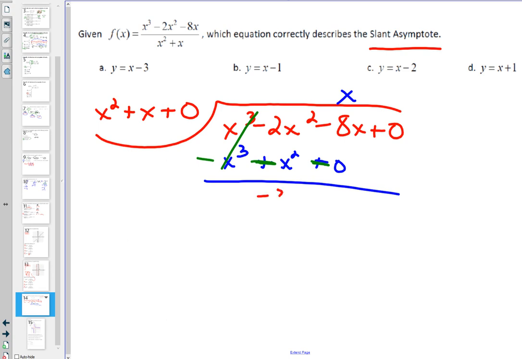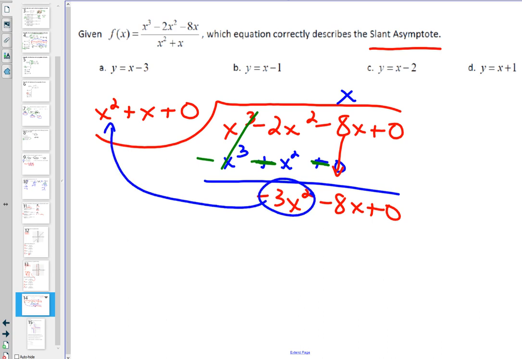Here we get negative 3x squared, and the second space drops. And then what is negative 3x squared divided by x squared? It's just negative 3. So our slant asymptote, we don't care about the remainder. Anything that would come after that will be the remainder. Just x minus 3.